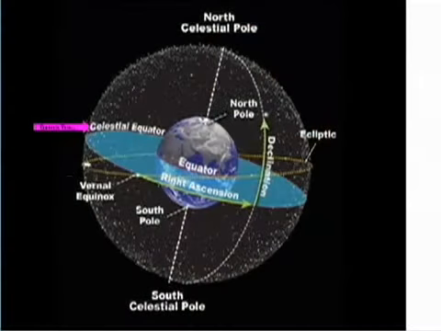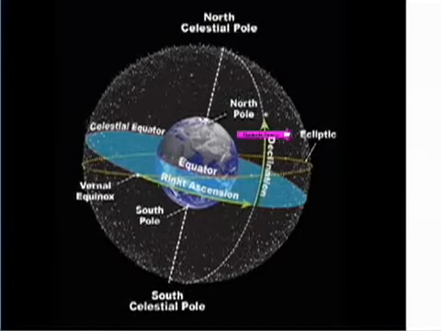Now we have, besides the celestial equator, something else called the ecliptic. Oh, what the heck is that? The ecliptic, as you can see, is a circle that's different from the celestial equator. That's because the axis of the Earth is inclined from its orbit by 23.5 degrees.